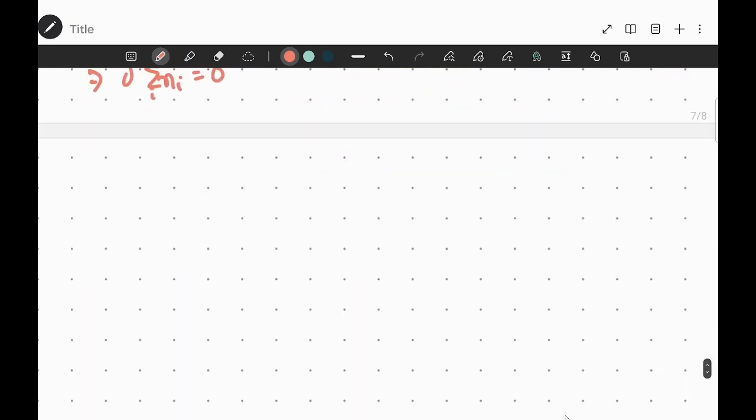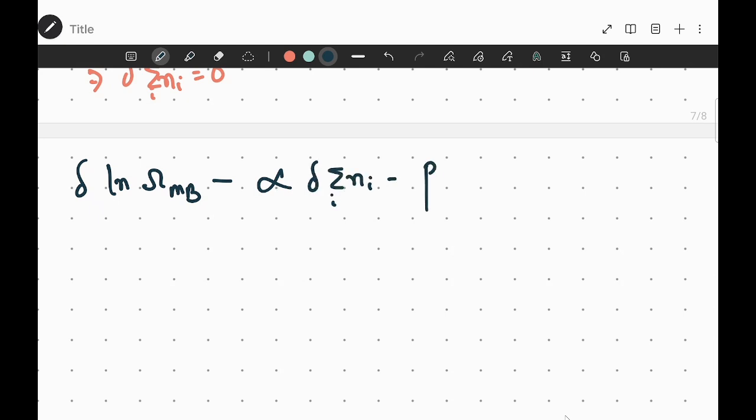So you have to have delta ln gamma Maxwell-Boltzmann minus a constant alpha, this is the Lagrangian undetermined multiplier, times delta sum of ni, minus beta delta sum of epsilon i ni. This you have to make 0. Is it clear? The same treatment we have done. Nothing new, just that this is the molecular case.